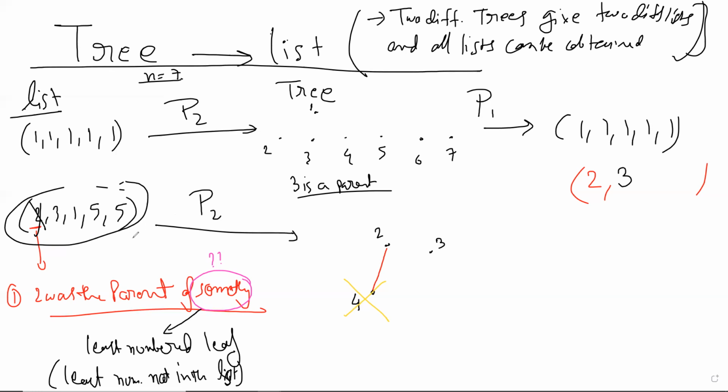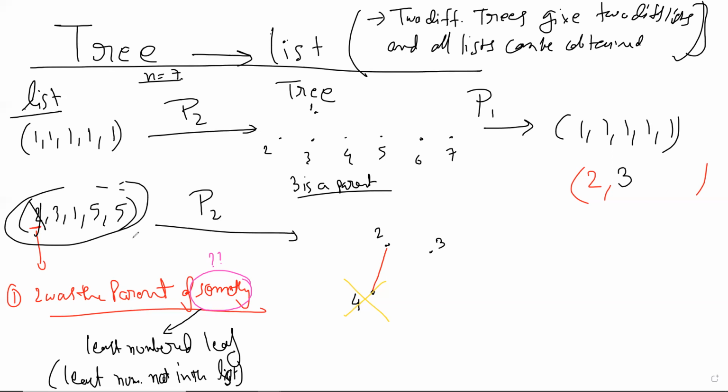That is absolutely the point. 3 is the parent of 2 because now 2 doesn't appear again in the list. So 2 is a leaf now. If it was not, then it would have come up again somewhere. So 2 is a leaf.